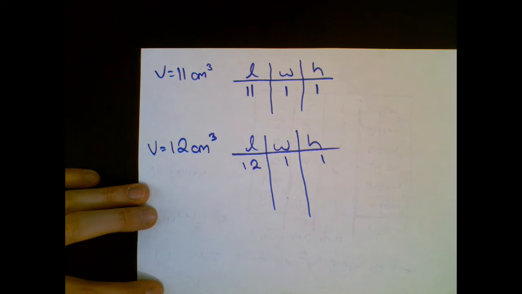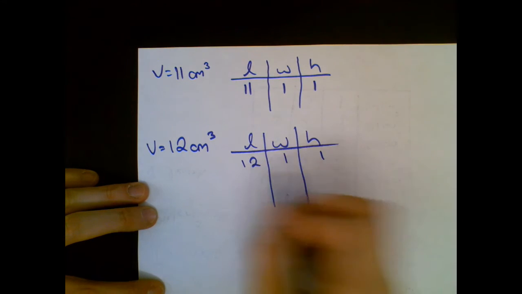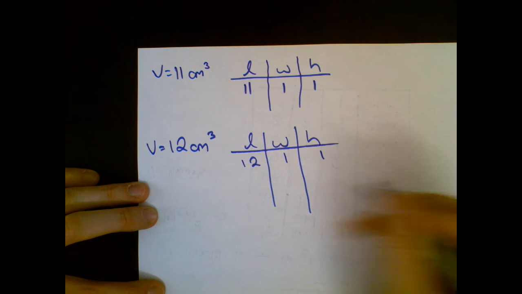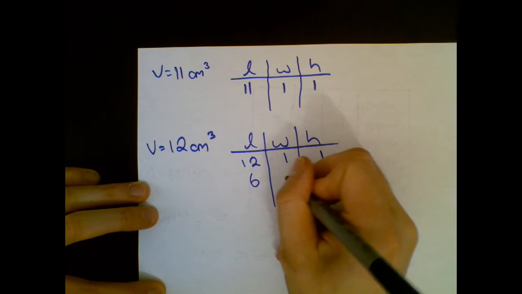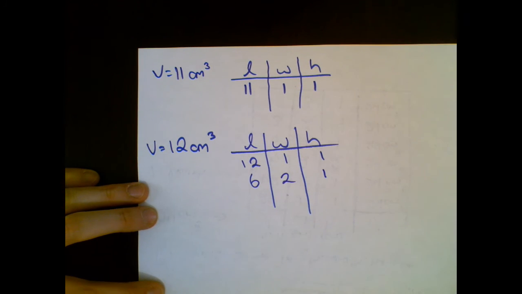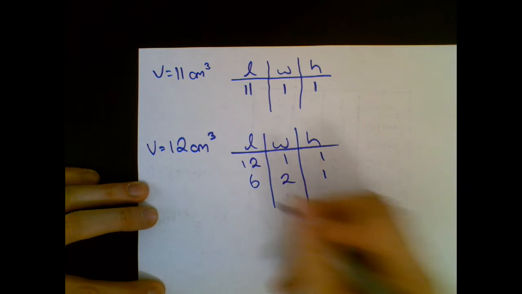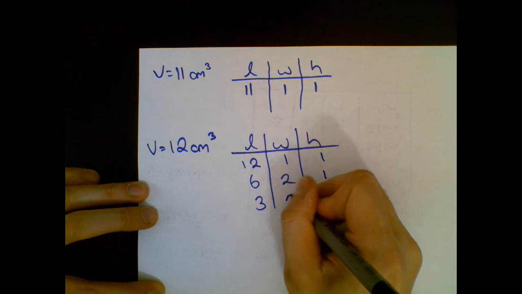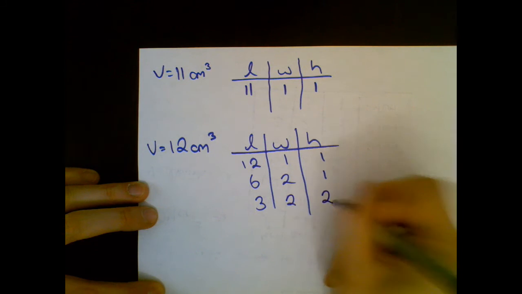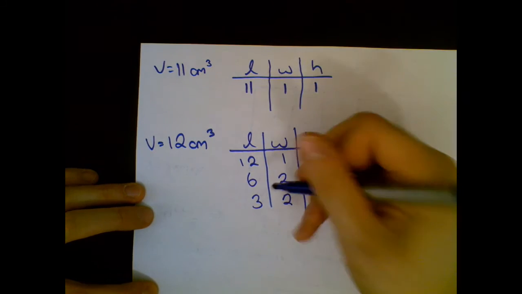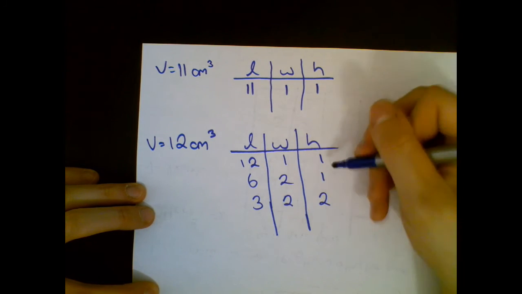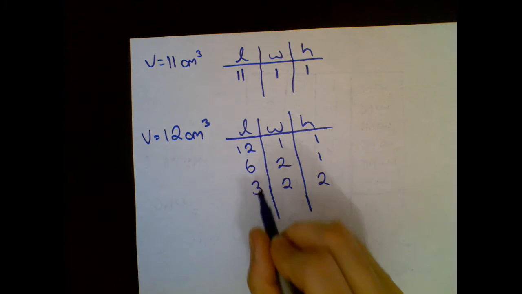That's going to give me a volume of 12 centimeters cubed. Let's split that 12. 6 by 2 by 1. Awesome. Let's split the 6 again. 3 by 2 by 2. That's going to give me another rectangle, and I can't split that anymore.